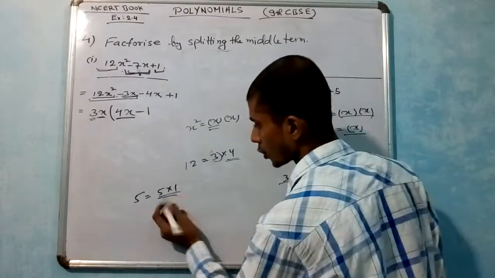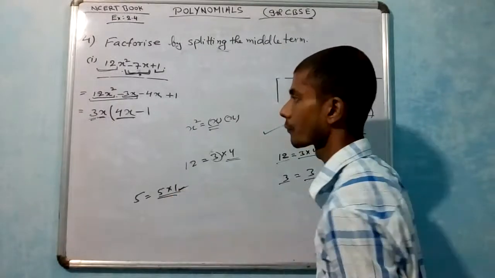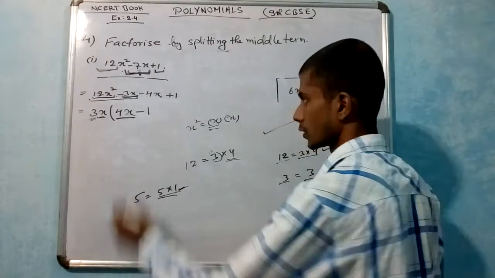So from this 5 into 1, if 5 is taken outside, then what is left? 1. So that is 4x minus 1 here.